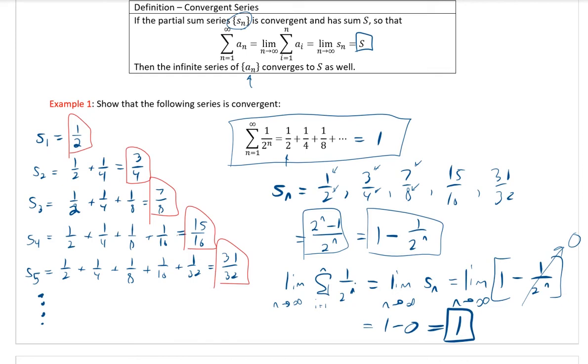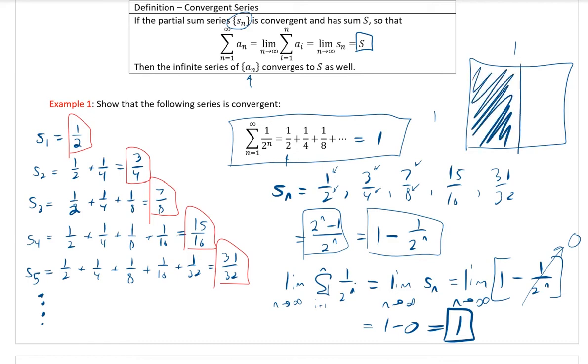Kind of a neat thing with this problem as well, because this is actually a pretty famous one. If you draw a 1 by 1 box, the partial sums here, if you just add the values in the sequence, you have 1/2 of the box full. That's what this first half means. And then you have another 1/4 of the box full. And then you have another 1/8 of the box full.